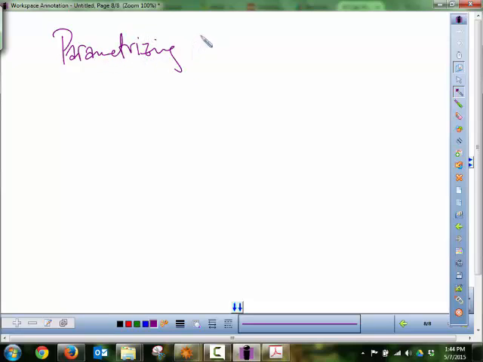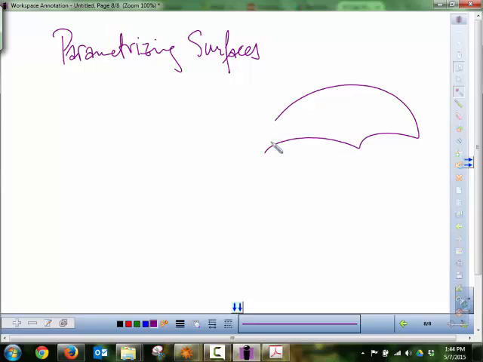When you're parameterizing surfaces, what you have is an output of a surface. This is your surface, right?